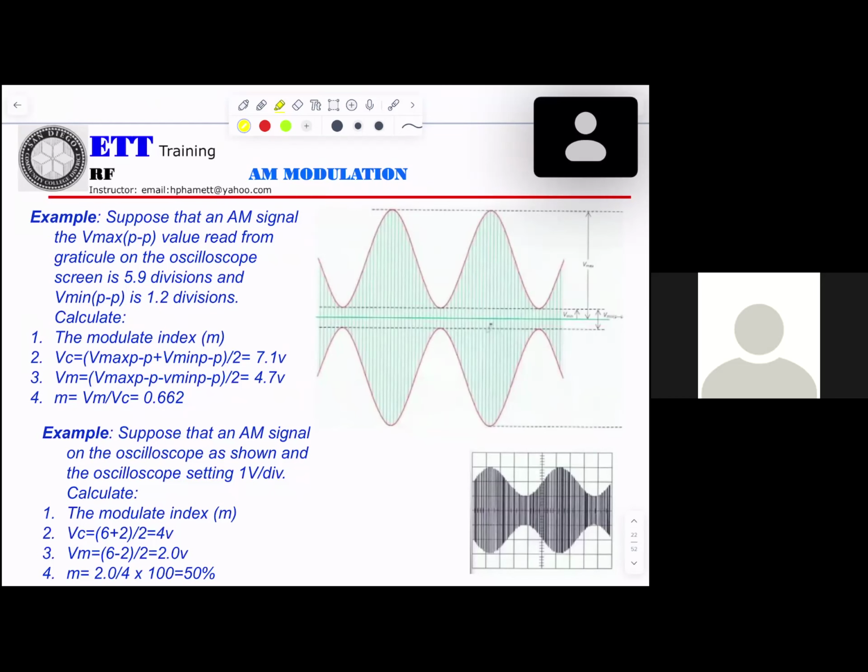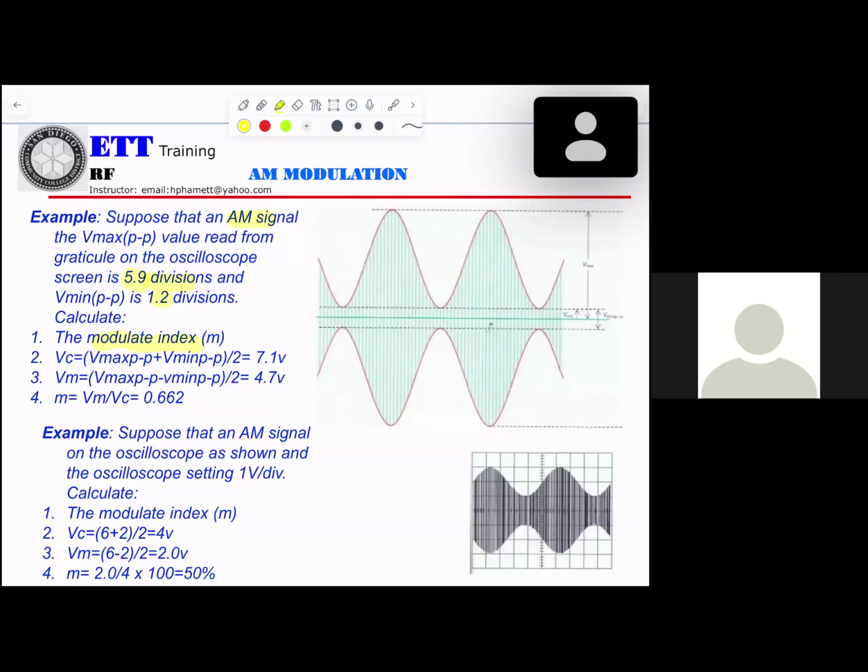Now let's see an example. Suppose that for an AM signal, the Vmax peak-to-peak value read from the graticule on the oscilloscope is 5.9 divisions, and Vmin peak-to-peak is 1.2. They want you to calculate the modulation index m.